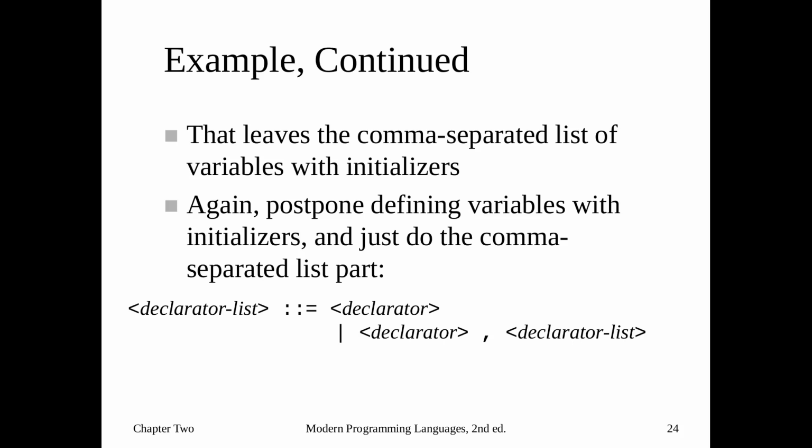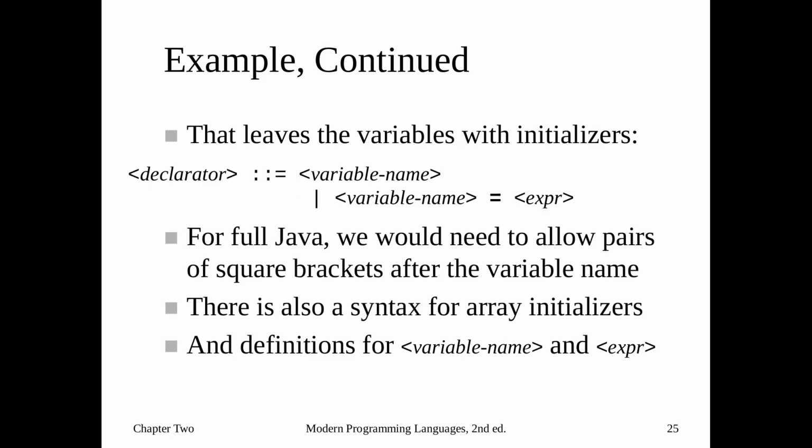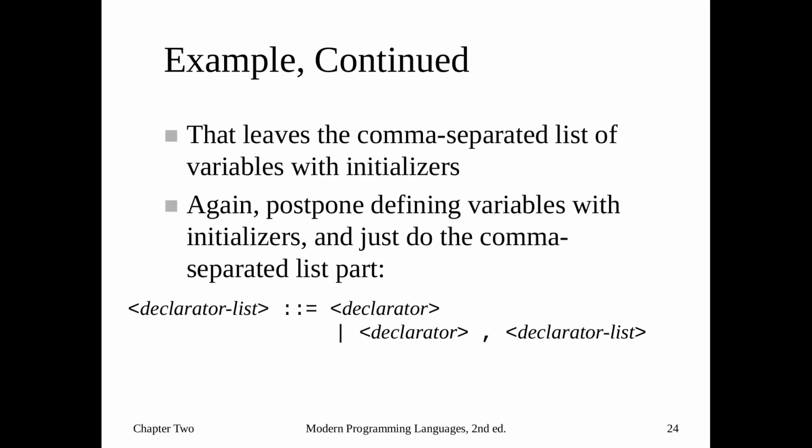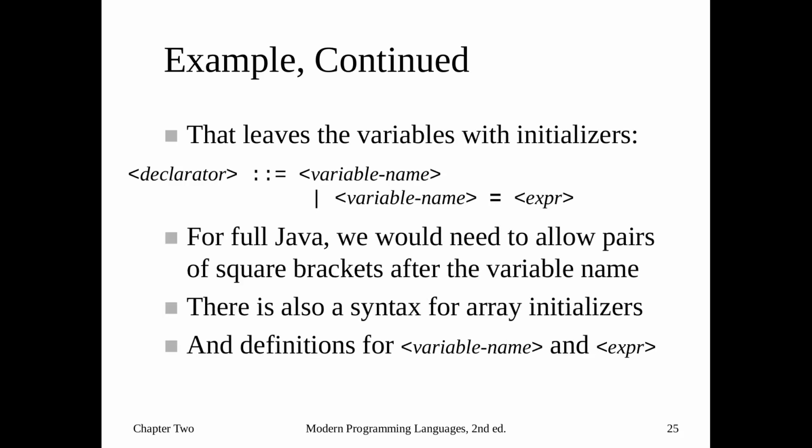Now that we have that, we've gotten a declarator and a possible declarator list. So we still have to describe what a declarator is. And a declarator is really a variable name, or possibly a variable name, the equal sign, and an expression telling us what the initialization is.